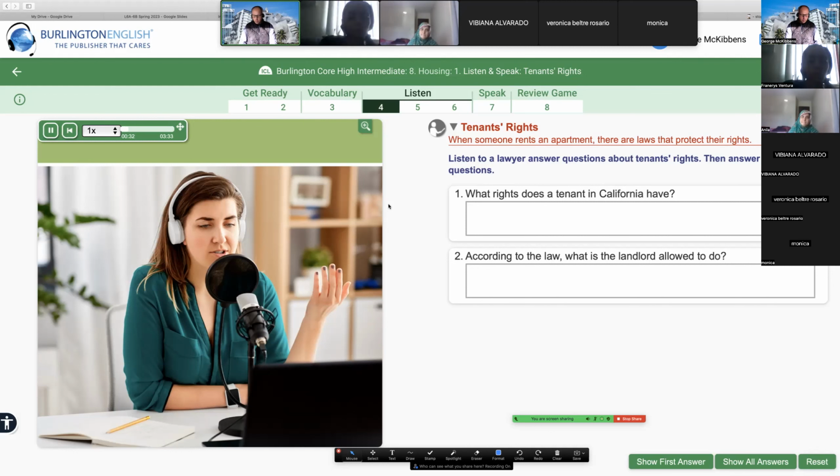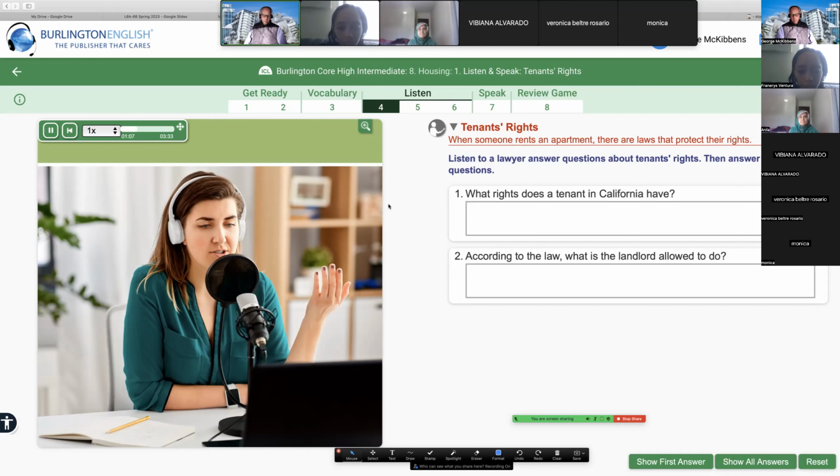Hello. Hi, I pay $1,500 a month in rent. My landlord just told me he's raising the rent to $1,650. Is he allowed to do that? According to the law, your landlord can't raise the rent if you've signed a lease. He has to wait until the lease expires and it's time to renew it. Oh, actually, I never signed a lease. In that case, sorry, the landlord is allowed to raise your rent.